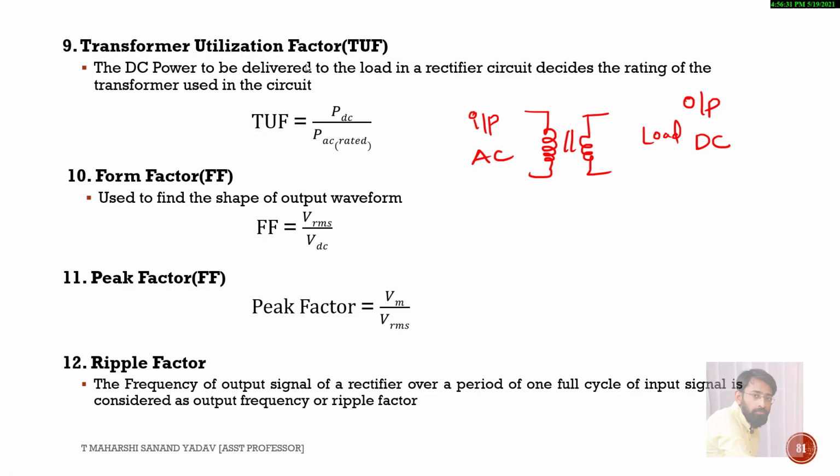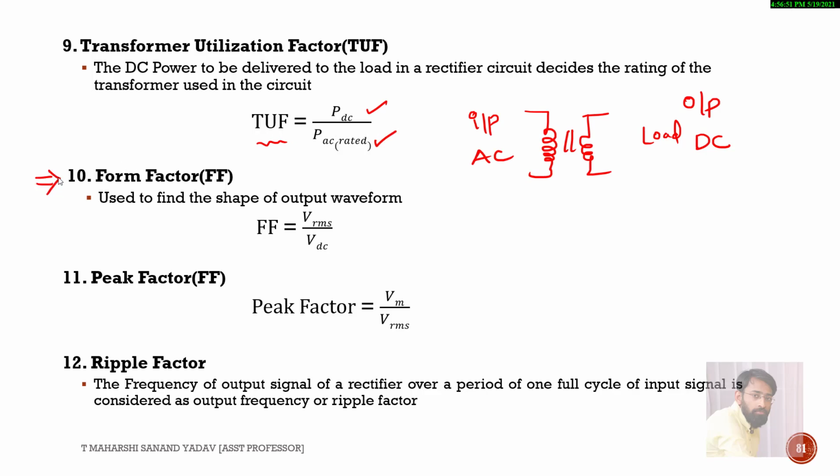This factor tells us the rating of the transformer used in our circuitry. So TUF is PDC by PAC rated.